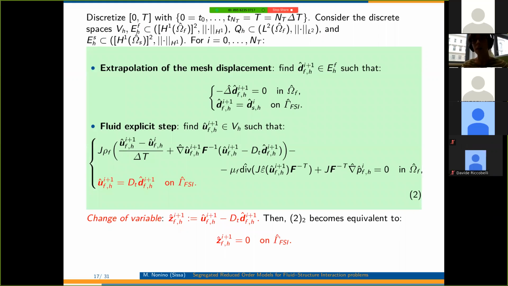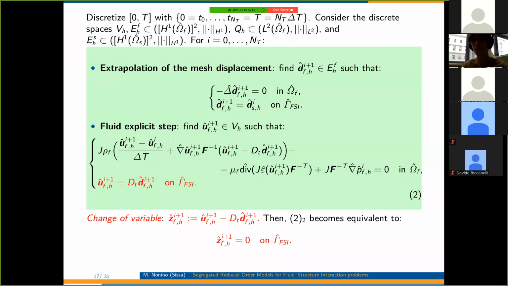As far as the algorithm is concerned, we start by discretizing the time interval, and we use a time step of delta t. We then introduce the discrete spaces for the fluid problem and the solid problem. The first thing we do is extrapolate the mesh displacement.